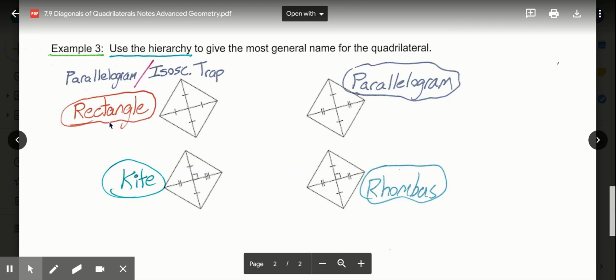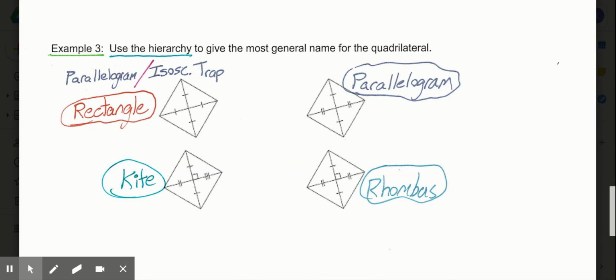Now, the other thing that we could call the kite, which you'll notice here, what's different between the kite and the rhombus is that in the kite, this segment and this segment we do not know were necessarily congruent to each other, because this has 2 dashes and this has 3. So here and here were different lengths, but here and here were the same.